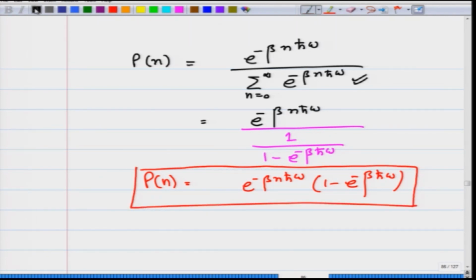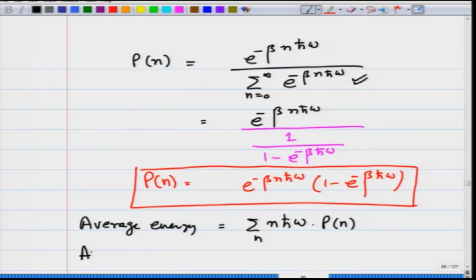What about the average energy of the system? It is going to be the sum over n of n h cross omega times the probability of having n phonons. What is the average number of phonons?